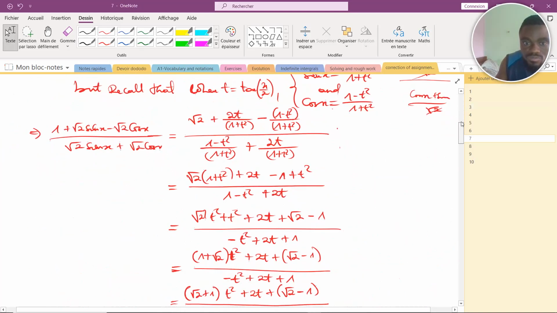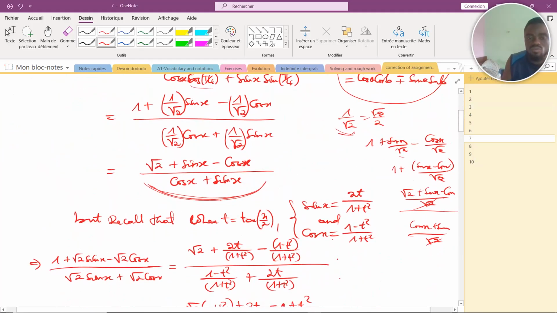Let's go down. So we are at this level. Remember that when we were doing the integration, our substitution was t equals tan x on 2. And when t was equal to tan x on 2, what was our sine x?